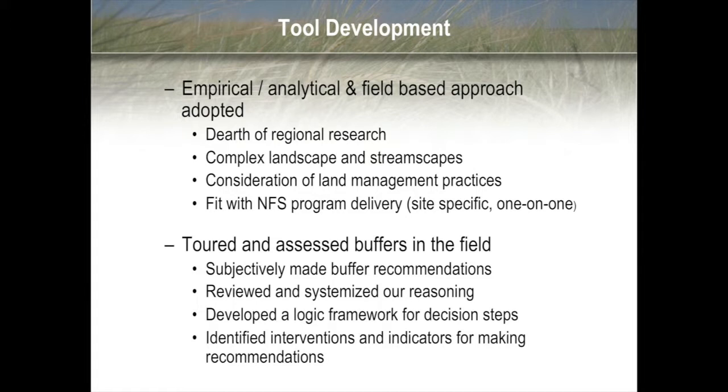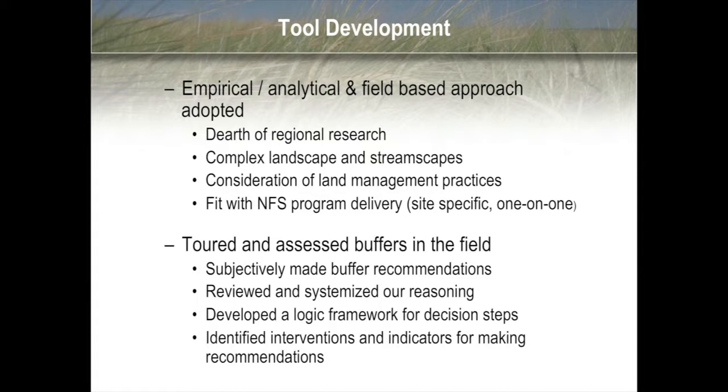And so we went through our reasoning, and in our reasoning we sort of picked out what were the criteria we were looking at, what were some of those decision points that we came across that we would use to make a decision. And so at the end of the day, what we came out with was a logic framework, and in that framework it guides you through a process, through a number of questions that you ask to come out to a recommendation.